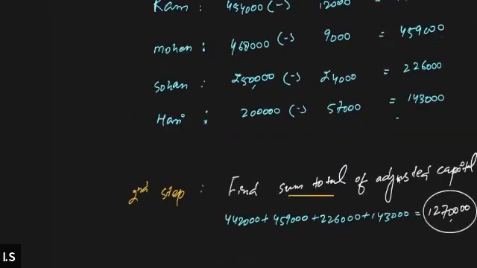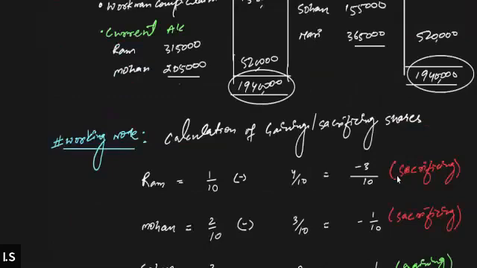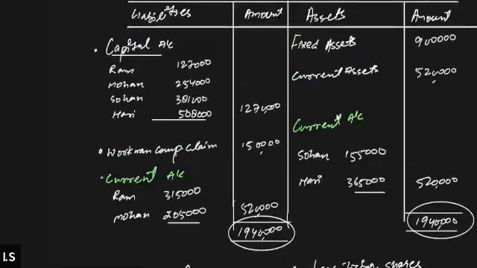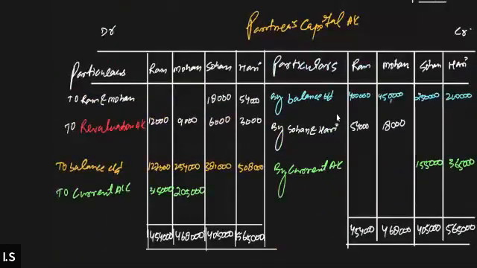We'll go to the partners capital account and show them on the debit side as the closing balance of the partners capital account, the balance carried down: 1,27,000, 2,54,000, 3,81,000, and 5,08,000.